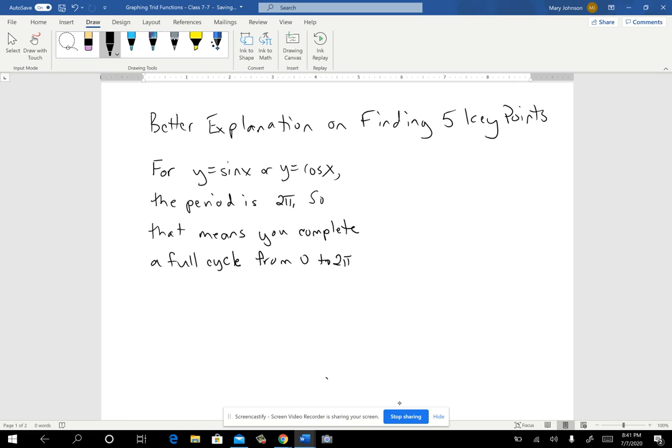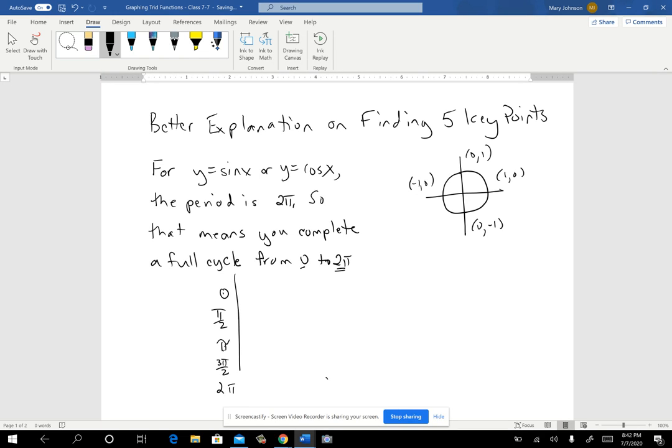So one way to think about that is to go back again to that unit circle and to those 5 key points, okay? So pretend that's a good, well-drawn circle. All right, so 0 is your starting point, 2 pi is your ending point. Halfway in between is pi. Halfway in between those two would be pi over 2, and halfway in between these two would be 3 pi over 2.